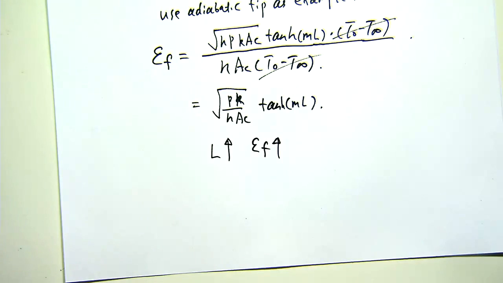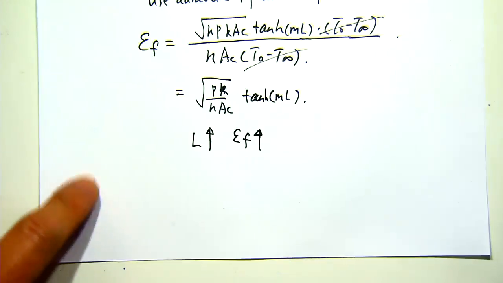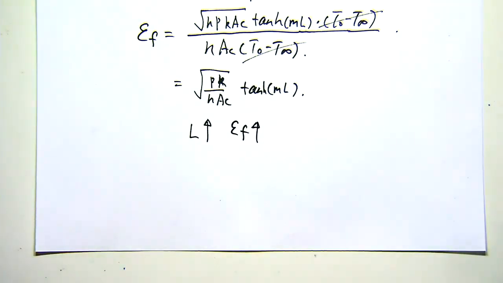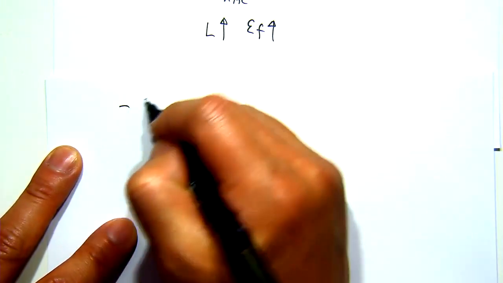All right, but if we want to get a higher effectiveness, should we use a fin as long as possible? That's related to another parameter that we use to evaluate the fin performance, called fin efficiency.